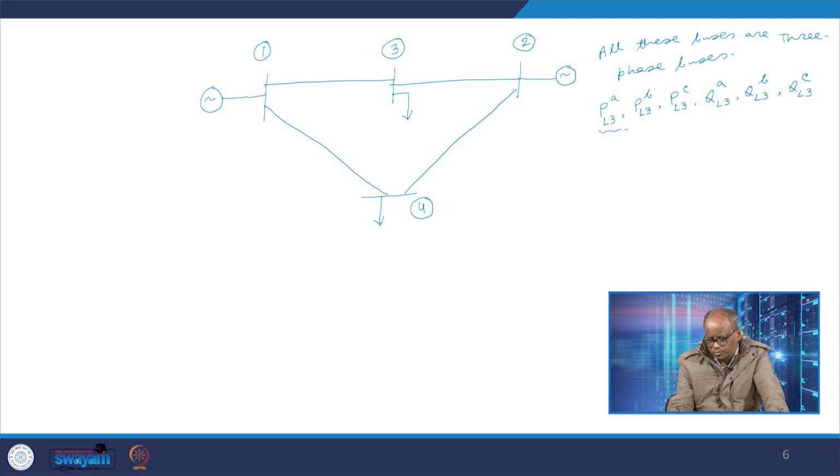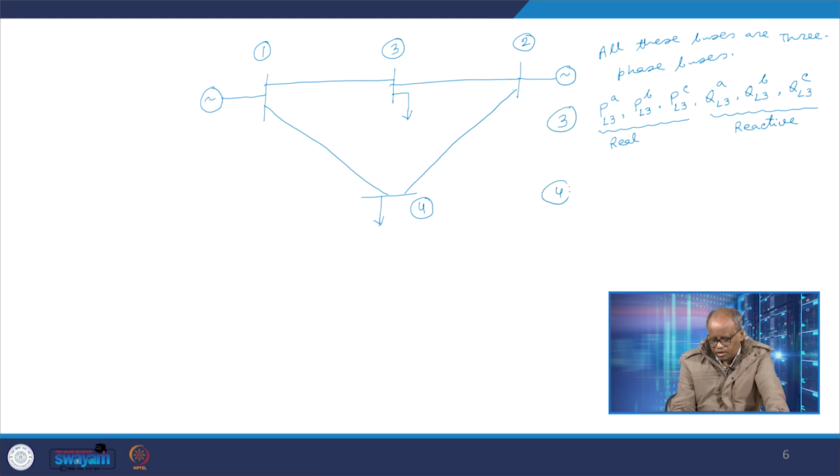So these are the real power loads, and these are the reactive power loads at bus 3.